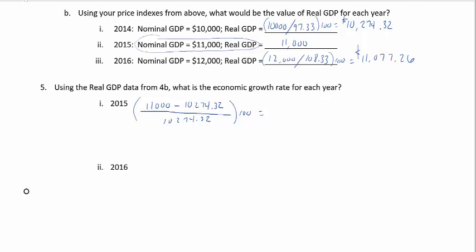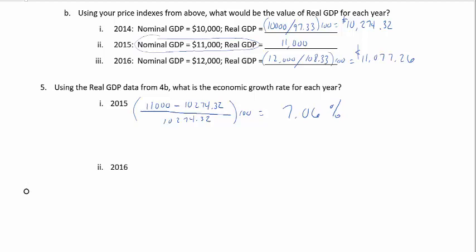I don't have a real calculator, I'm using my phone. I got 7.06%. So that's how much GDP grew by that year. That's kind of interesting.